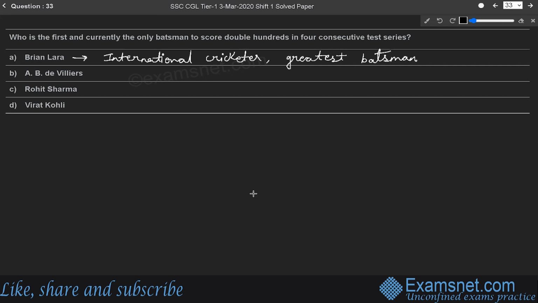Second option is AB de Villiers. AB de Villiers holds the record for the fastest 100 in ODI. Do you know what an ODI is?